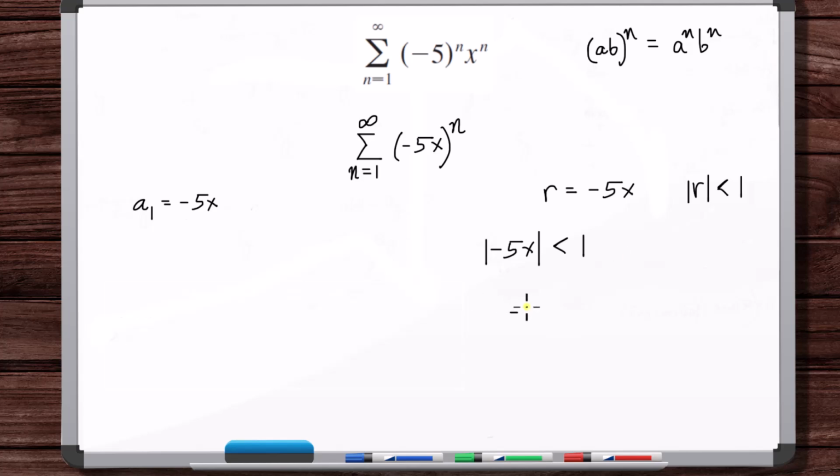So there's the u. Now we want to divide this entire inequality by minus 5. And when we divide or multiply all sides of an inequality by a negative number, we need to flip the inequality symbols.